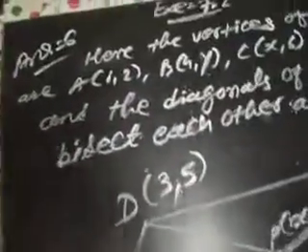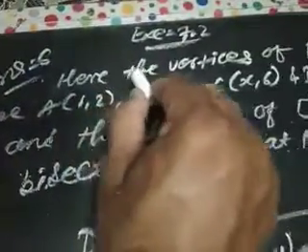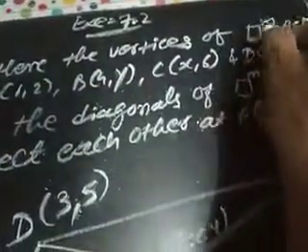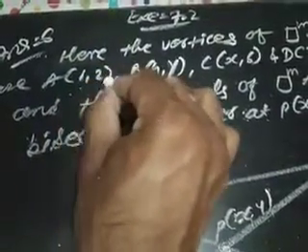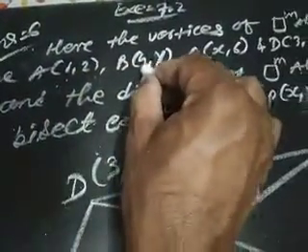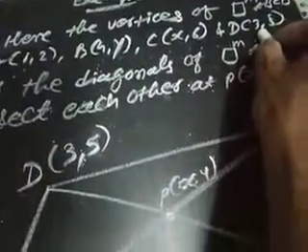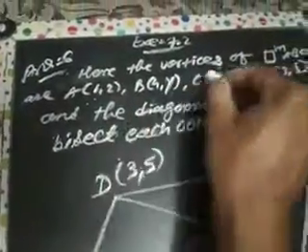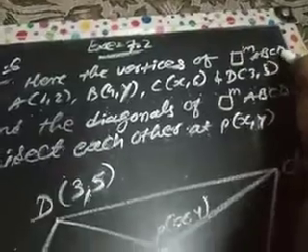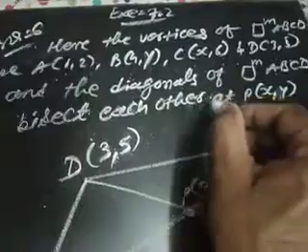Here the vertices of parallelogram ABCD are A(1, 2), B(4, y), C(x, 6) and D(3, 5). Now since it is parallelogram ABCD, its diagonals bisect each other.